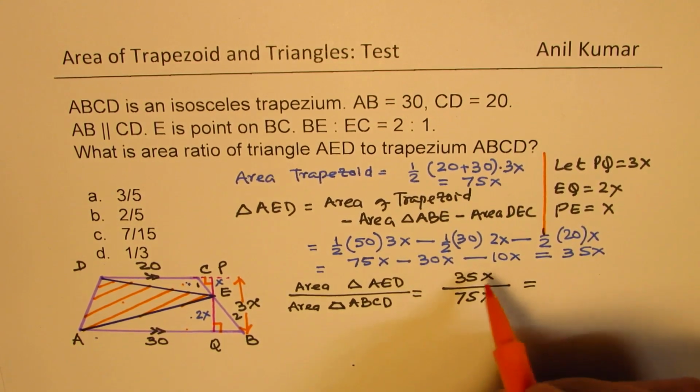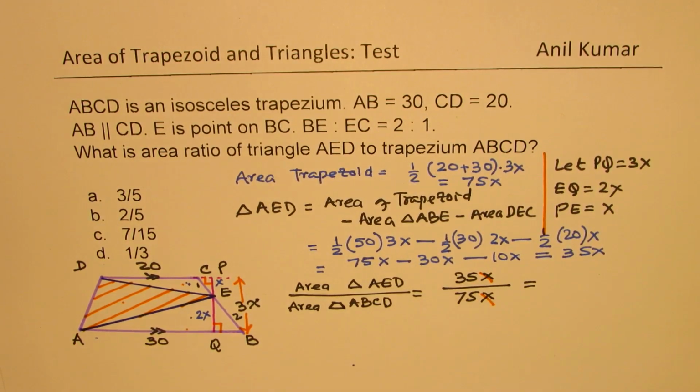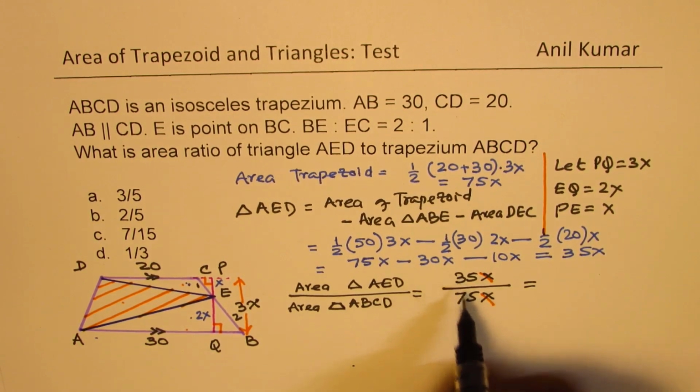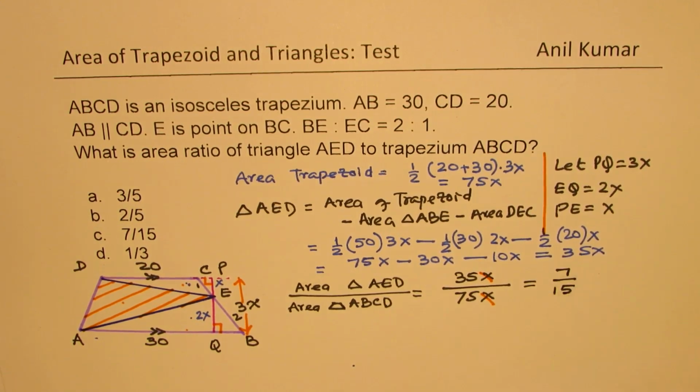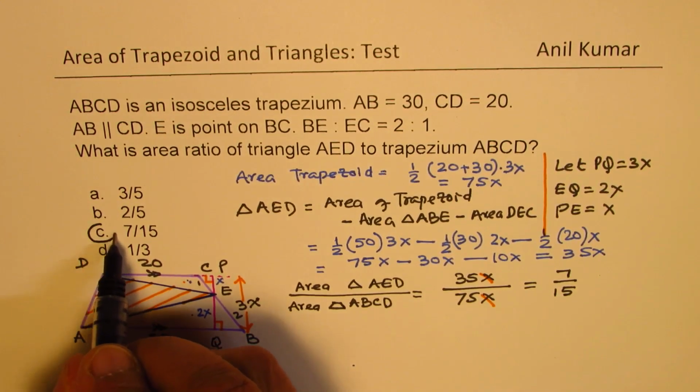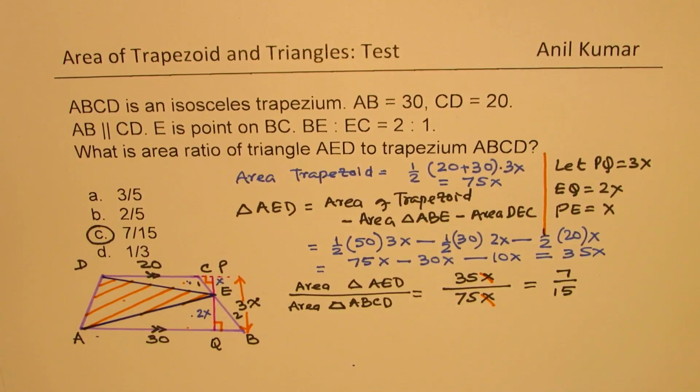So x and x cancel, and you can now divide by 5. When you divide by 5, we get 7 over 15. So that is the ratio. So the answer is C, 7 over 15. That is the ratio of the area of the triangle to that of the trapezoid. I hope that makes sense.